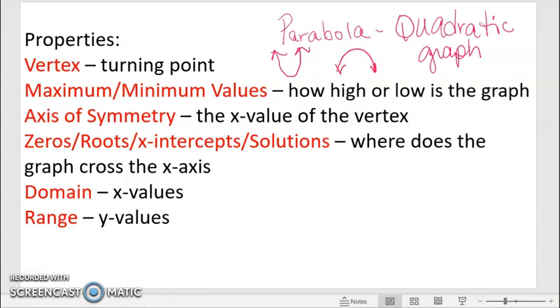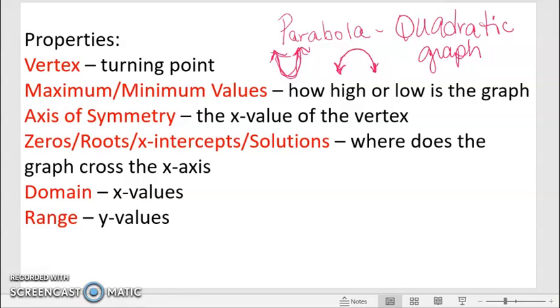Now, we have a project that's due in a couple weeks, and we had some parabolas or quadratic equations that went down because they were Angry Birds and they were being shot in the air and they came back down. So that would be a negative parabola because it's going upside down, going towards negative infinity. Most of the parabolas we look at are going to be just normal U-shaped graphs, and they're positive parabolas.